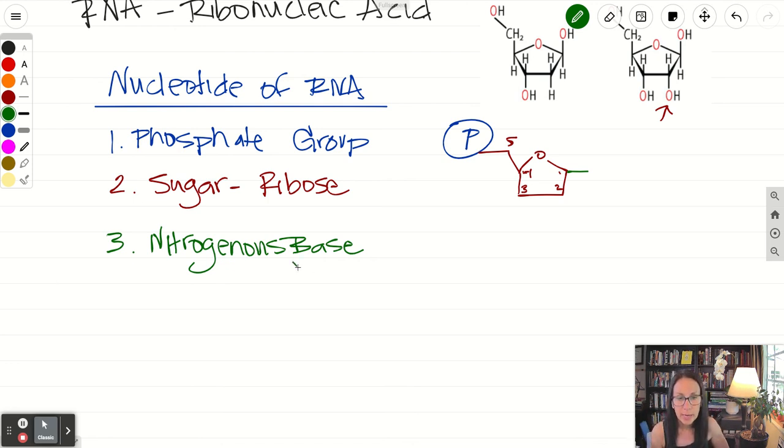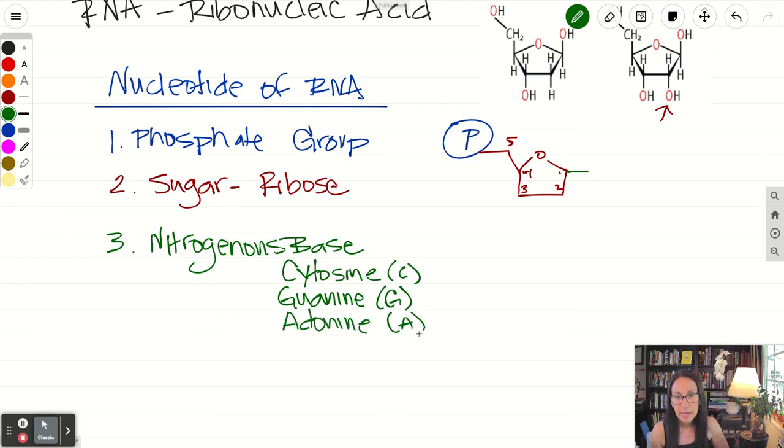Okay, so we still have cytosine, which is C. We still have guanine, which is G. We still have adenine, which is A. And then instead of thymine, we have a new one called uracil. And that's going to be shown as with a U. So I'm going to put a U here because uracils are only found in RNA, not in DNA.